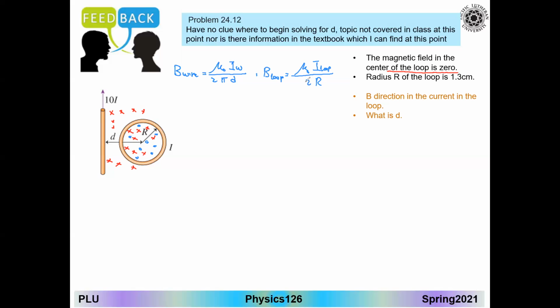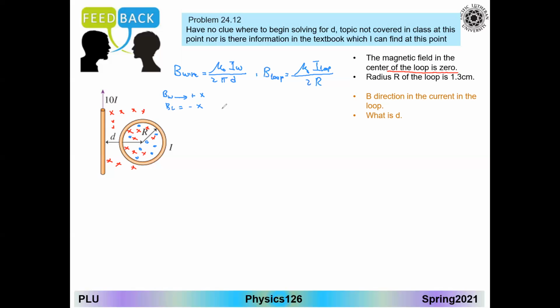So I have two formulas. Using directions and the magnitude of the magnetic field, B wire has a component just in the positive X direction, and B loop will be in the negative X direction.